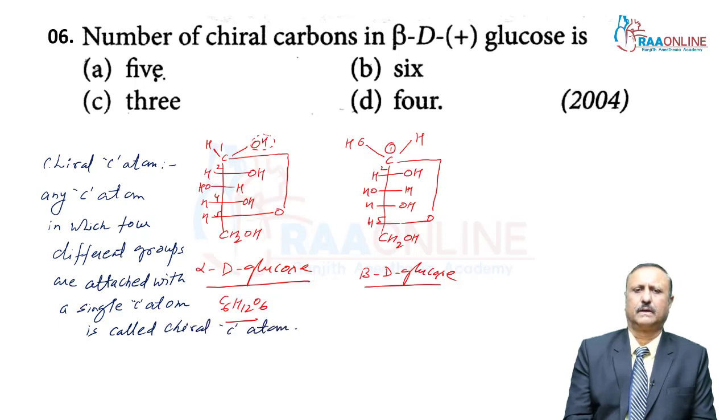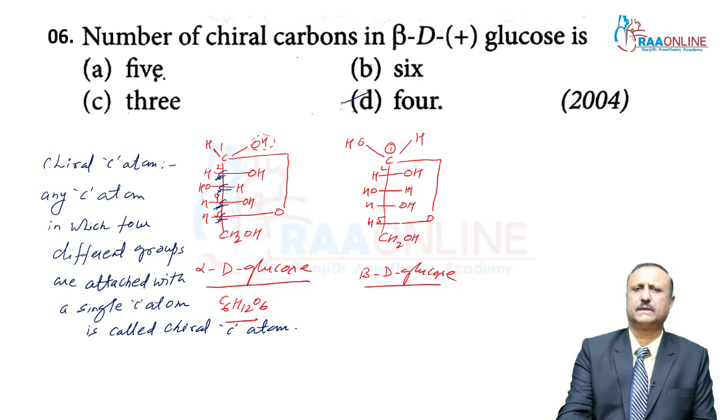Here my dear students, you can see this carbon atom has 1, 2, 3 and this is the 4th. Here HOH, here 1, 2, 3 and this is the 4th carbon atom. On these 4 carbon atoms you get different groups, otherwise you would get the same groups.